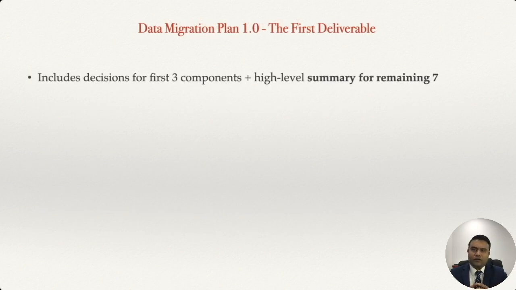Along with the framework, you must consider the data migration plan as your strategic tool for delivering successful data migration. Data Migration Plan 1.0 must include choices available and decisions made about the first three foundational components of the framework. The first version of the plan should also include a high-level summary of the remaining 7 components, which are to be evolved during the project progression.